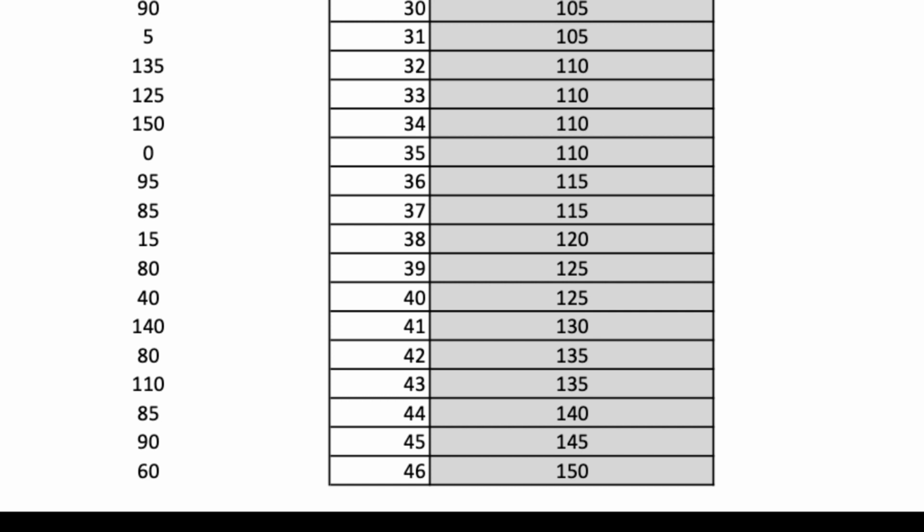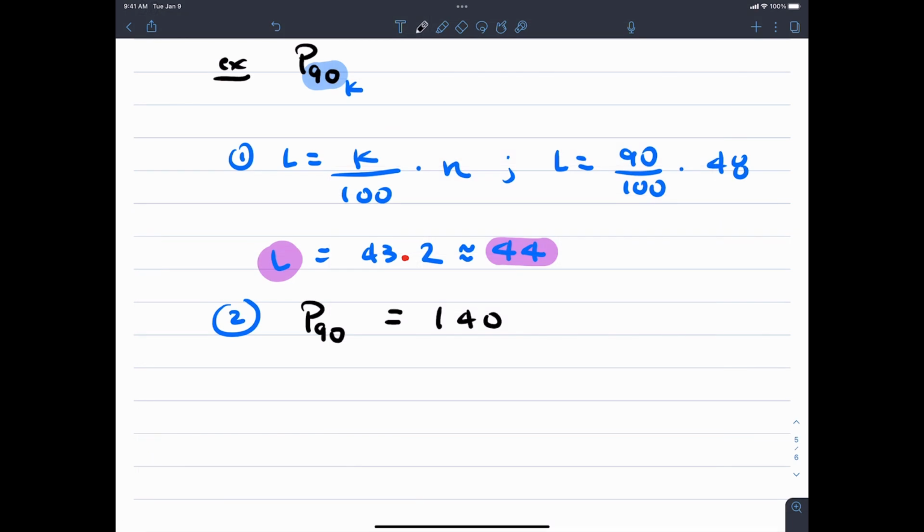What is it? 140. Did you guys see that there? That's why they call it the locator. It just located. So, ladies and gentlemen, here's your answer. There you guys go. Easy peasy lemon squeezy.